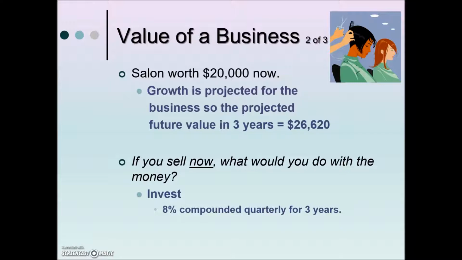So what we need to determine is the present value, in other words, the asking price of this business, that will give us the same value as if we had kept the business over the 3 years. So we want to determine the present value of this future value given the specifics of an investment.